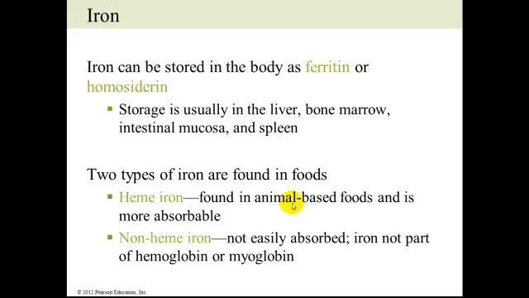This comes solely from animal-based foods, and it's more absorbable. So when we're consuming a diet, we can absorb more of the heme iron that we're taking in than what's called the non-heme iron. Right? And so the non-heme iron, this is iron that's not already in the form of hemoglobin or myoglobin. This comes from both plant or animal-based foods, and it's less absorbable.